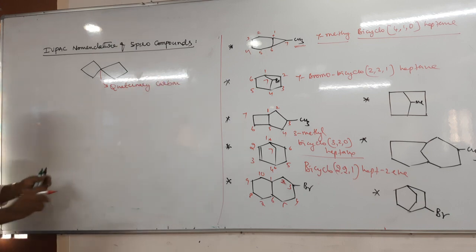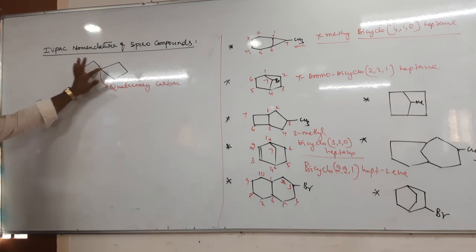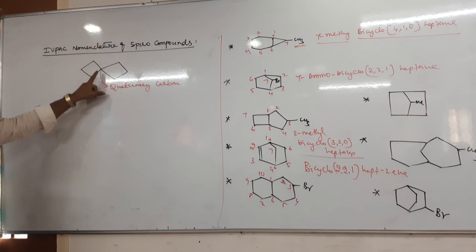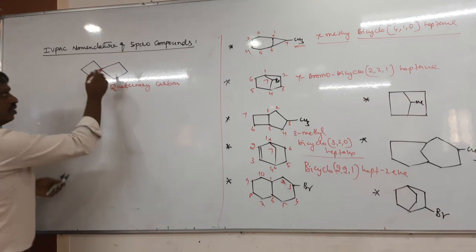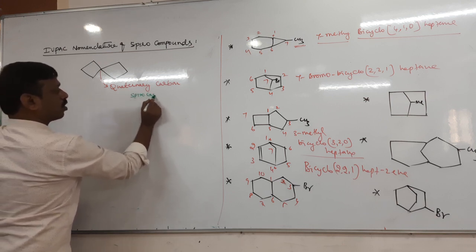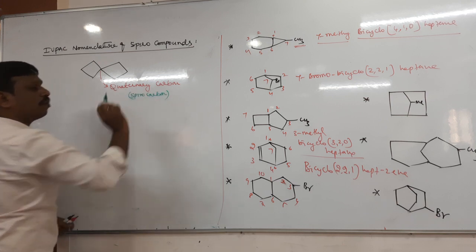Right? So if two cyclic rings are joined together by a quaternary carbon, it is called a spirocarbon. This quaternary carbon is called spirocarbon, and the compounds are called spiro compounds.